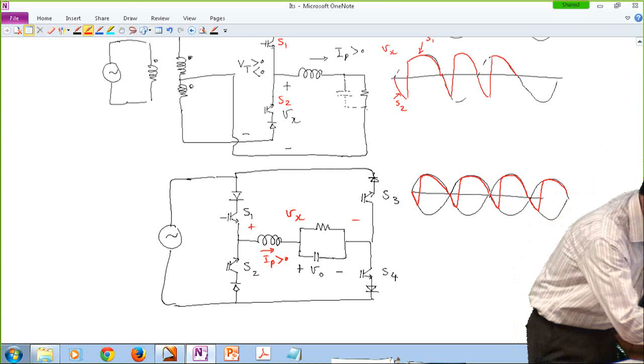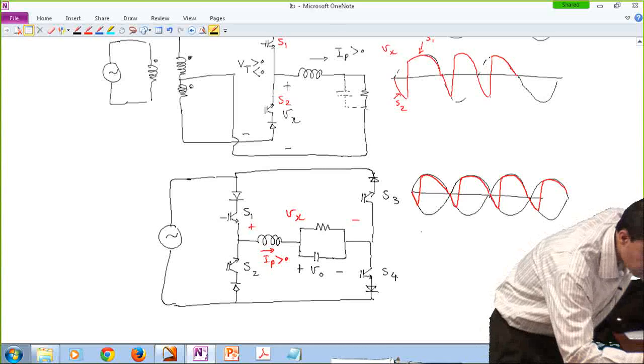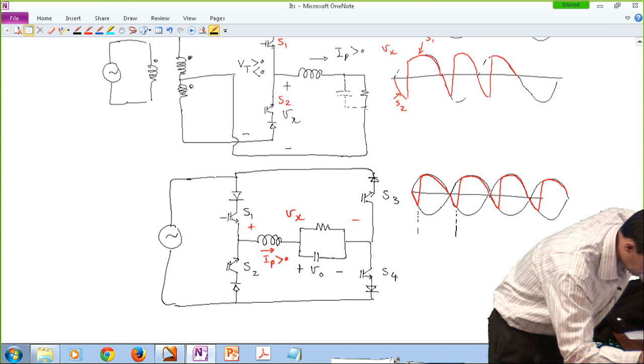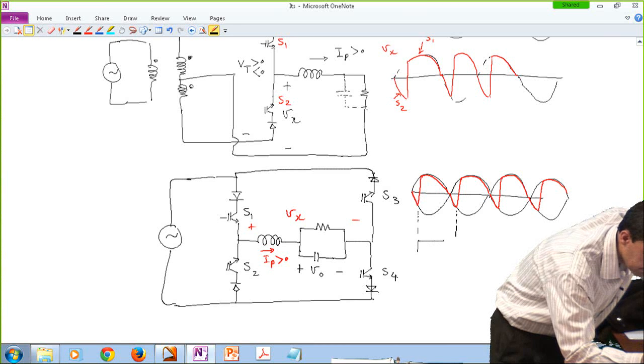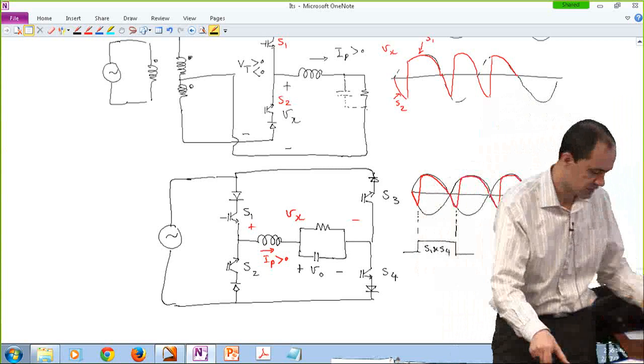So in terms of commands that are applied to the switches, here we have S1 and S4 on. If S1 and S4 are on, Vx and Vin are the same.